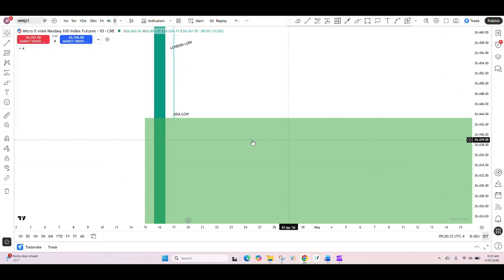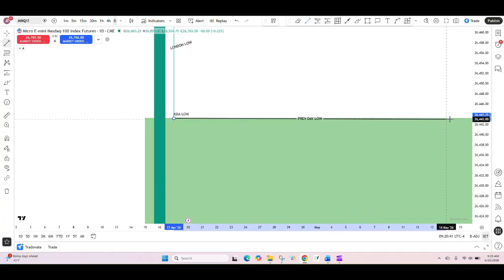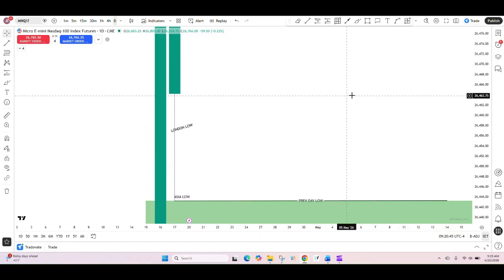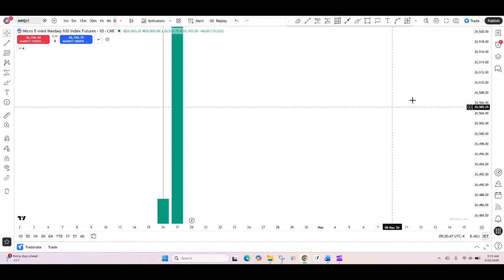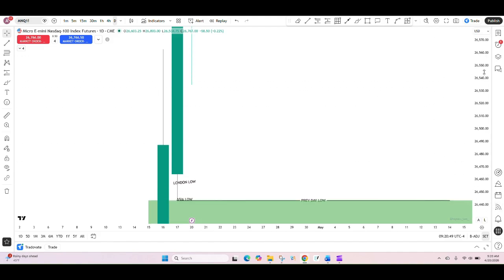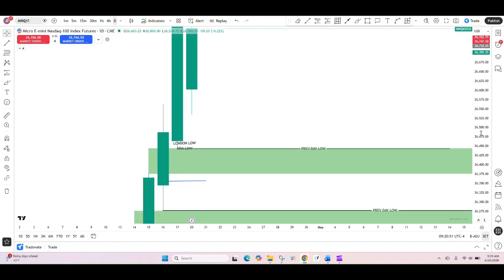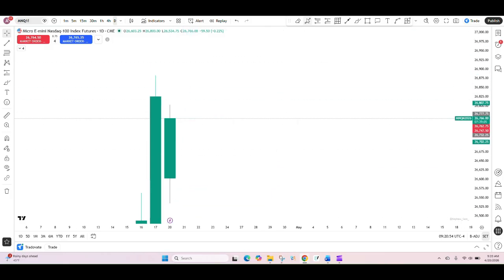So it looks like there's already a low here, but I'm still going to mark mine out right here. And then my previous day high, I'll mark out up here.